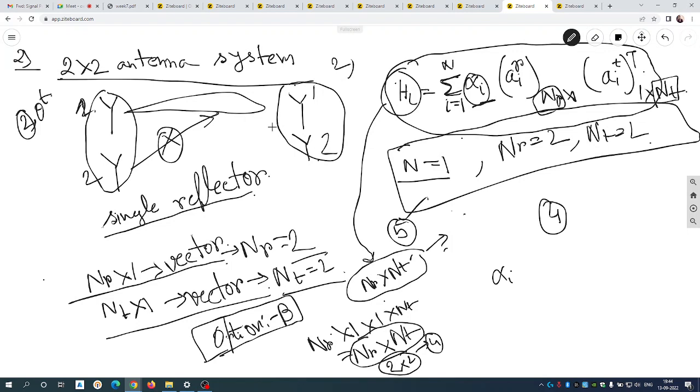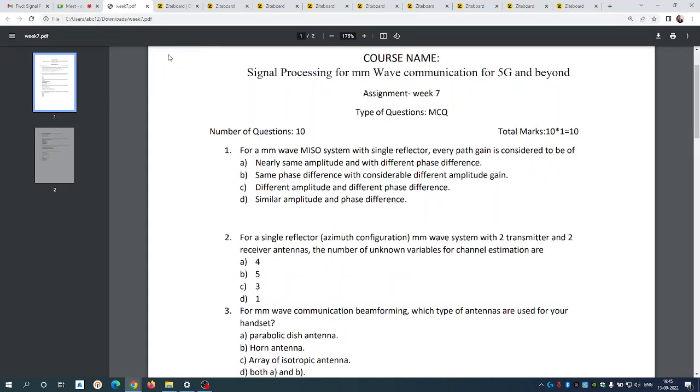So there is only a single reflector. So we have to estimate one more point, like here i is equal to 1 to n is equal to 1. So there is only one point here, alpha 1. So this is one more parameter. So total how many parameters? 4 plus 1 equals 5. That is the thing here. Option 2B is here. Is it okay?